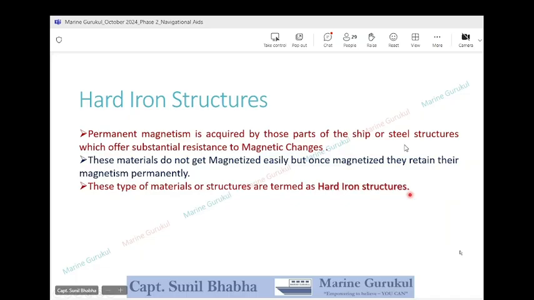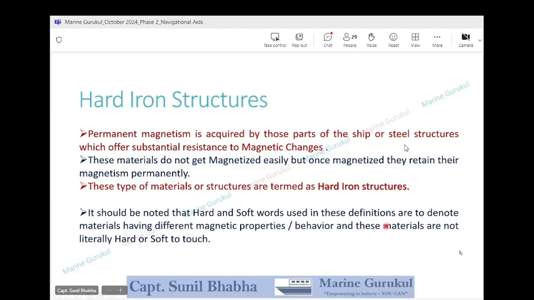Whereas the hard iron structures do not acquire magnetism easily. The presence of a magnetic field alone is not sufficient to magnetize them. But if they get magnetized, then the magnetism remains there permanently. They do not lose their magnetism easily.